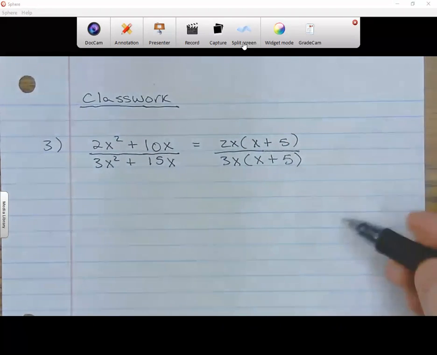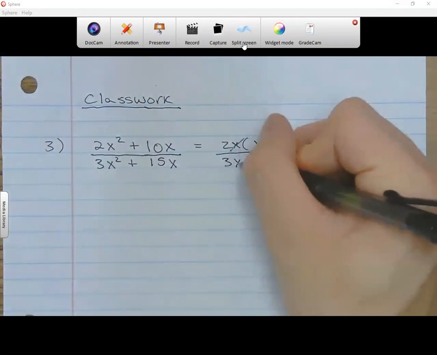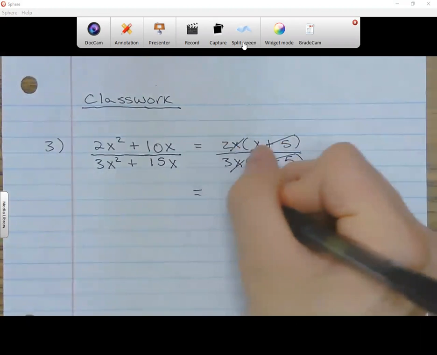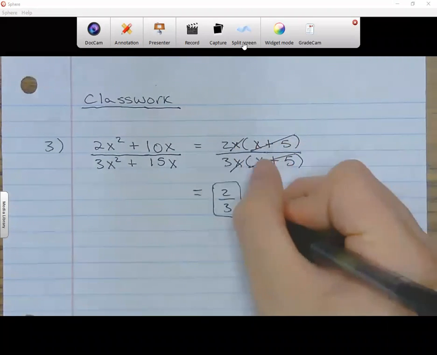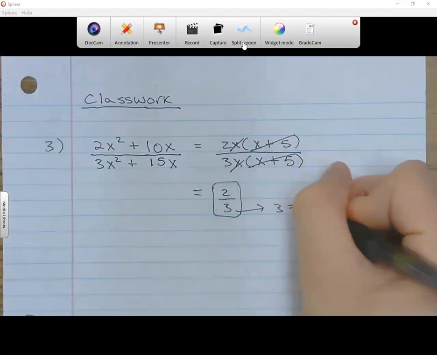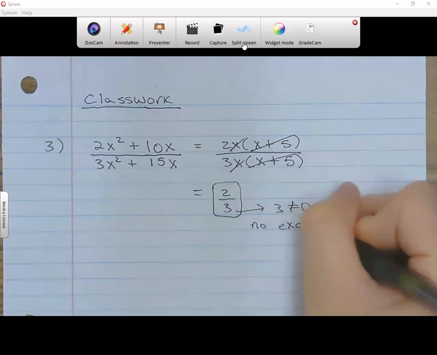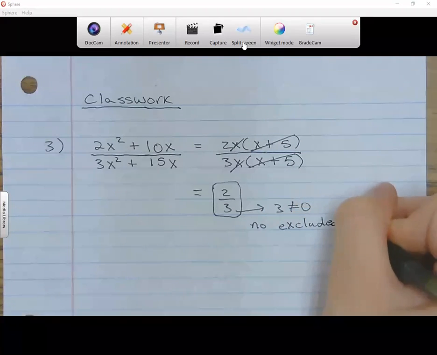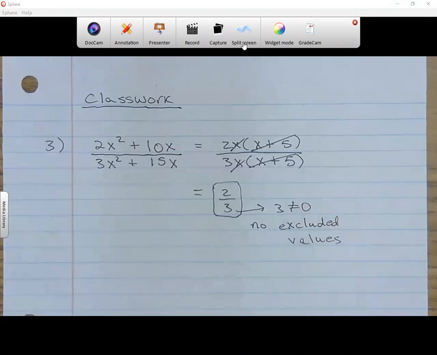And that's good because the x plus 5s are going to match up. The x's are going to match up. So the only thing I'm left with is 2 over 3. And since 3 cannot be equal to 0, we say this has no excluded values. Okay, so that's number 3.